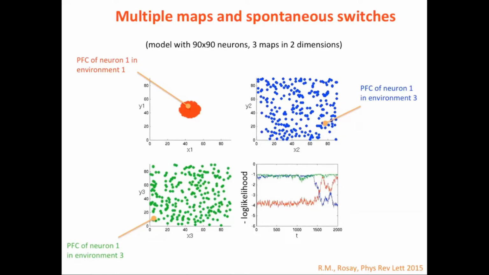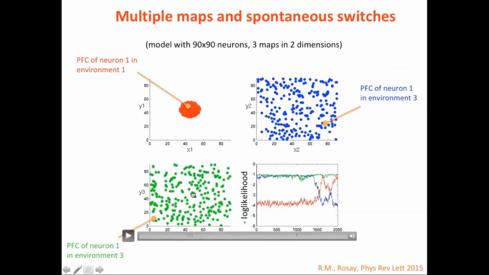You may think that you have 8,000 neurons with place fields covering the whole space, this square here, and when they are active, I put a red dot. The same neurons are active in all cases, obviously, because the activity state does not depend on a particular environment. It's just a way of representing the activity state. In the second environment, I put a blue dot at the center of the place fields, and in the green environment, a green dot.